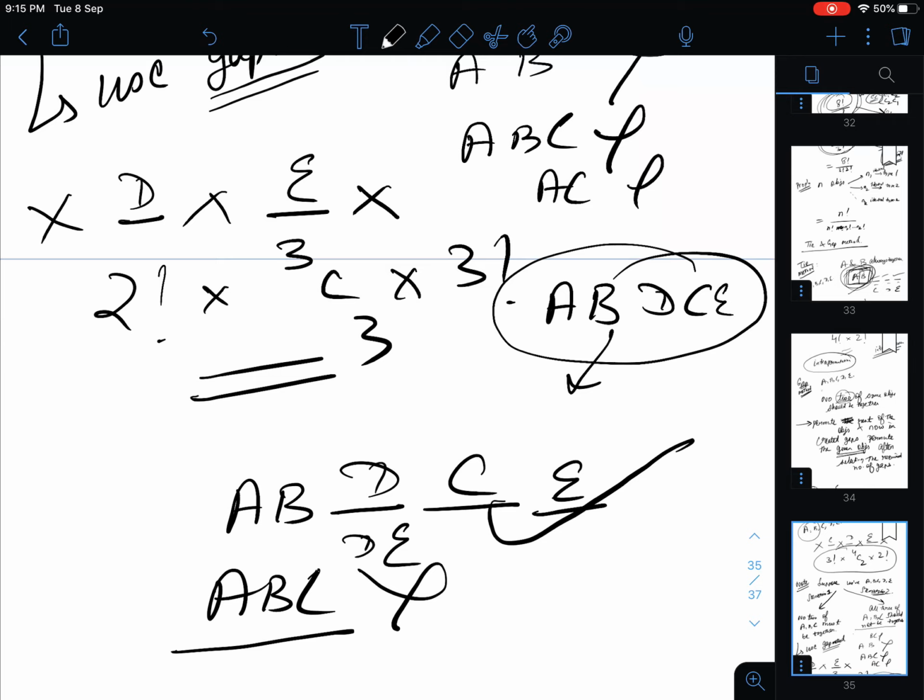This kind of situation will never happen in scenario 1, but this can happen in scenario 2. So note the difference.